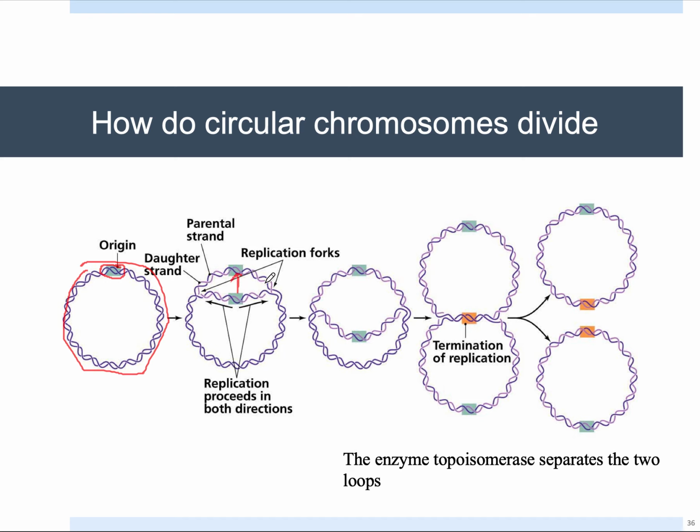So you have the DNA, 2 strands of the DNA. There's a division here. Replication would take place bidirectionally, like I've already said. And it will go until they get to the point of termination, and then they are separated from each other. And the enzyme topoisomerase will help separate the 2 loops from each other. So this brings us to the end of part 1 of our microbial genetics lecture.